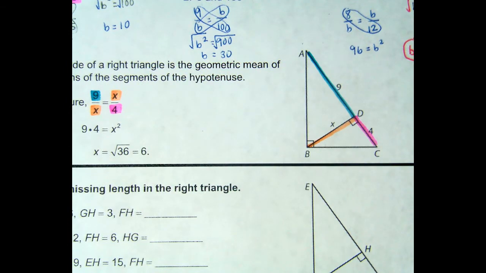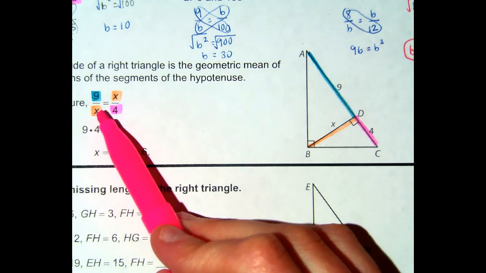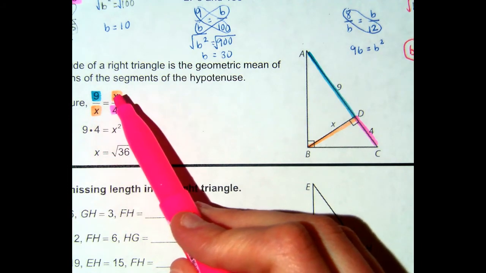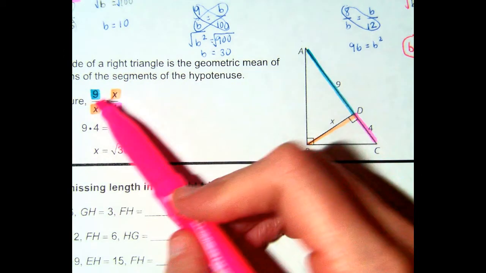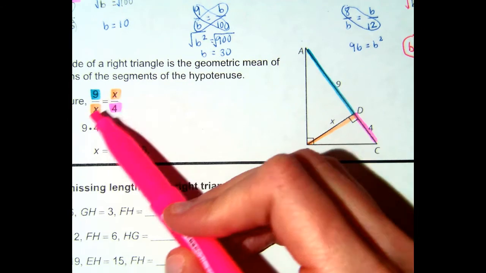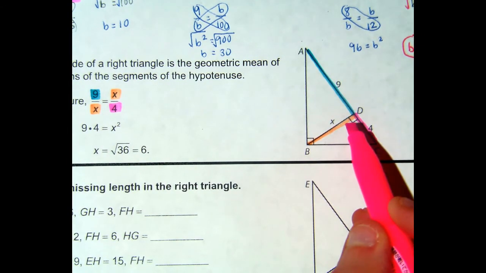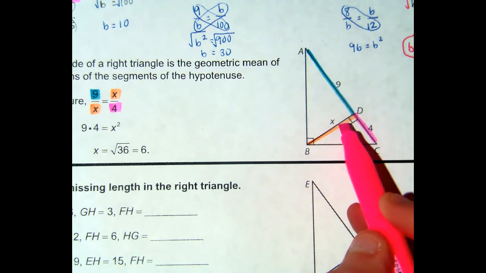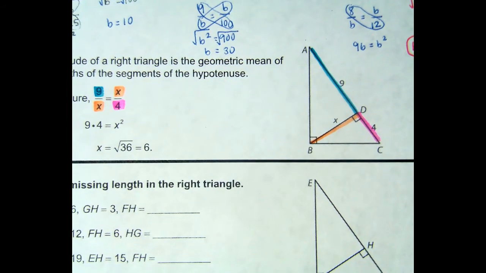Something I need you to realize is that the altitude of the triangle always goes at the bottom and then on the top. Some people get confused and put x here every single time. It's not that x goes there every single time. It's that the altitude goes there every single time. It's the location, not the fact that it's the variable. You'll see what I mean when we work some of these out.